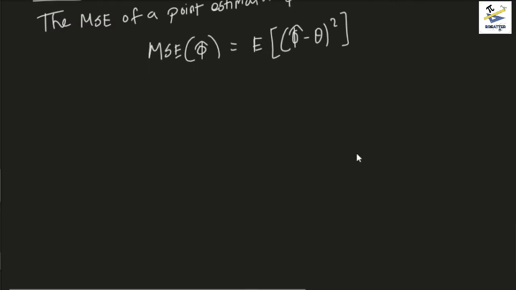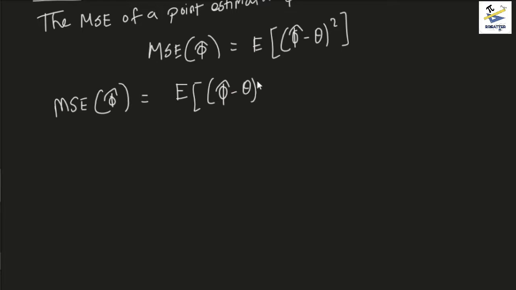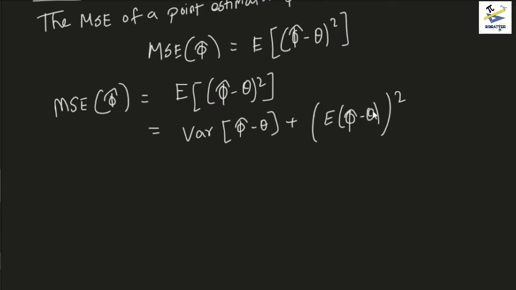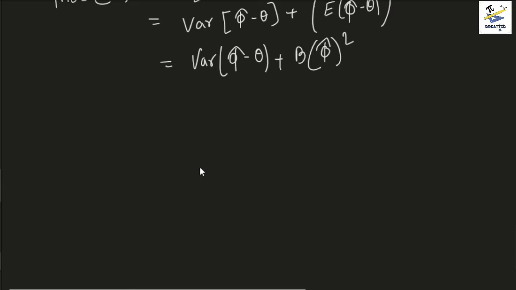Also, what we can find out from this is that the MSE is equal to the variance of the estimator plus the bias of the estimator squared. This is another way to find it.